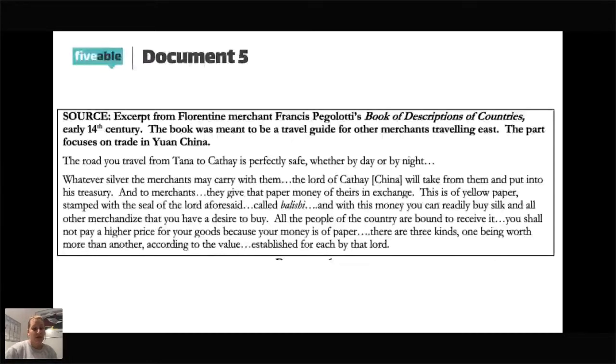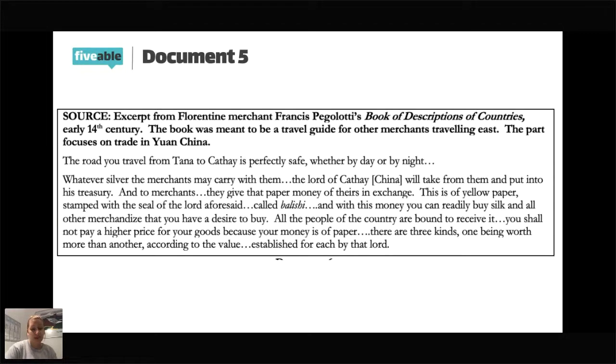The road you travel from Tanit to Cathay is perfectly safe, whether by day or night. Whatever silver the merchants may carry with them, the Lord of Cathay, which is China, will take from them and put into his treasury. And to merchants, they give that paper money of theirs in exchange. This is of yellow paper, stamped with the seal of the Lord aforesaid, it called Balishi.